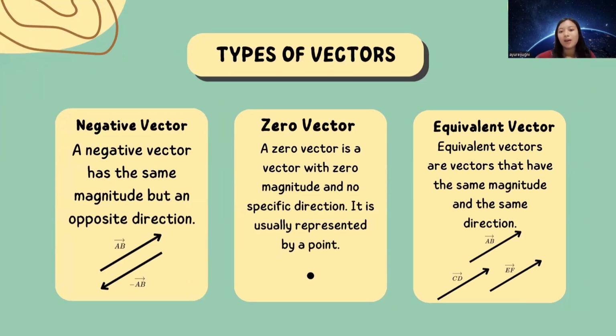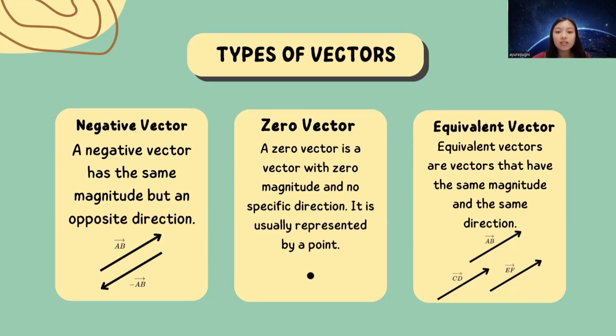Next, we will learn about the types of vectors. A negative vector has the same magnitude but the opposite direction. For example, if one vector goes to the right, the negative vector goes to the left. A zero vector has zero magnitude and no specific direction.